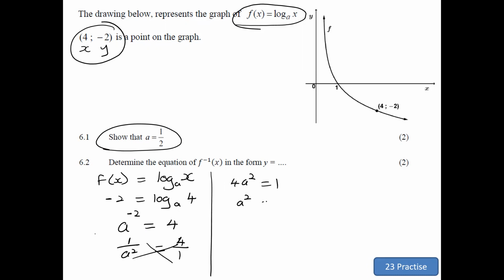And now we get a squared to be equal to, divide both sides by 4, 1 over 4. Finding the square root of 1 over 4, remember, when we find the square root, it's always plus or minus, and we're going to take a to be positive half, 1 over 2.